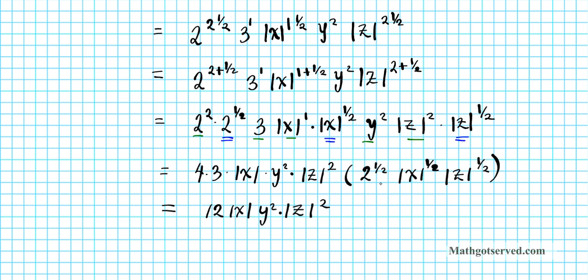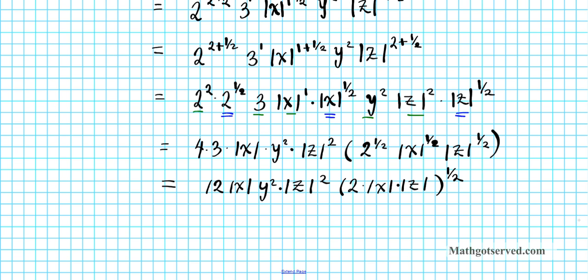And then here we have 2 times absolute value of x times absolute value of z, and then we extract all the exponents raised to the 1/2. Okay, so we have it like that.